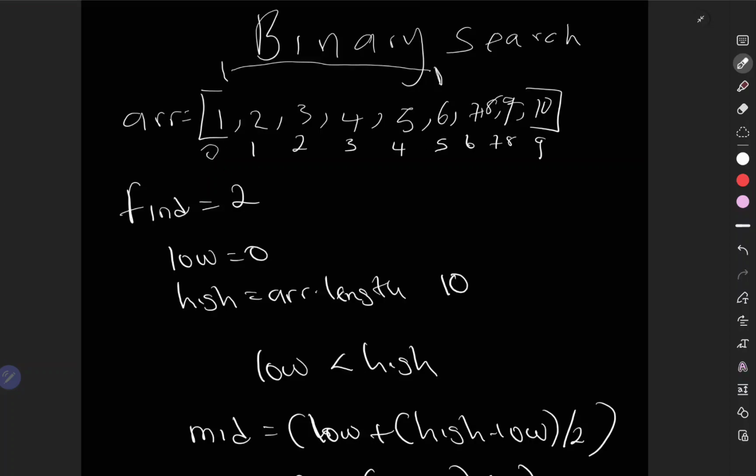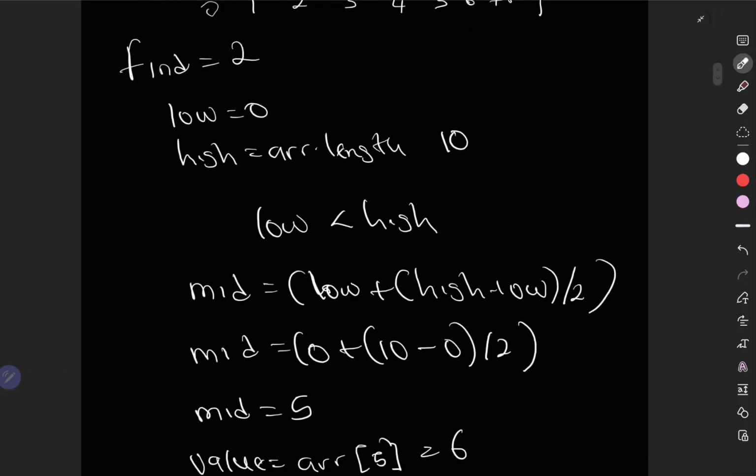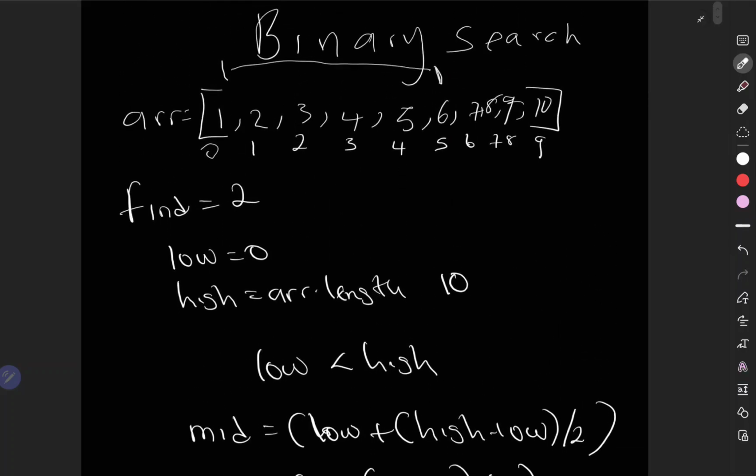Sorry, let me count: 0 1 2 3 4 5, yes, index 5. So we know that it's within index 0 to 5. For sure our value is there.